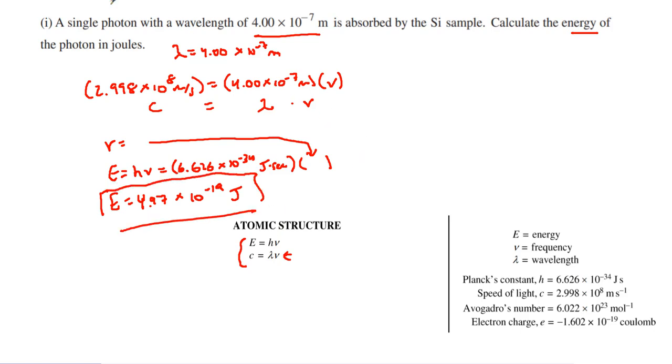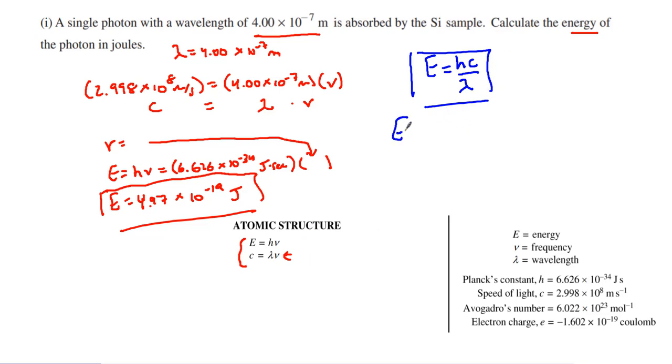Now, the interesting thing is my students that have had me for physics for a long time know we can combine these two equations together by doing energy equals h times the speed of light over the wavelength. My students end up just knowing this equation from these two.